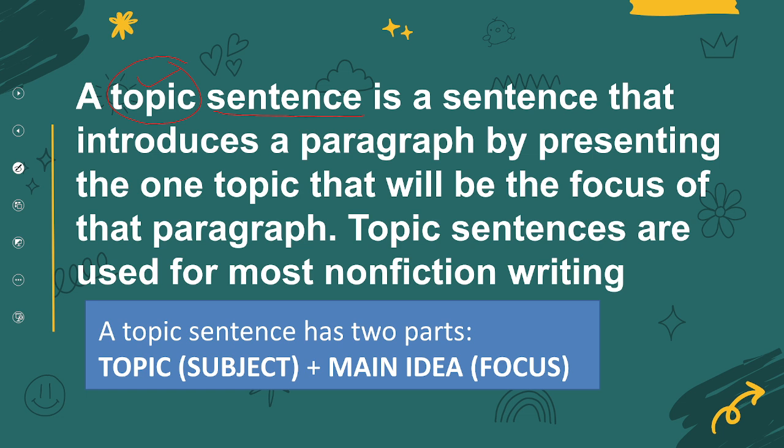A topic sentence is a sentence that introduces a paragraph by presenting one topic that will be the focus of that paragraph. It means that that specific one sentence is leading the different specific details and supporting details.